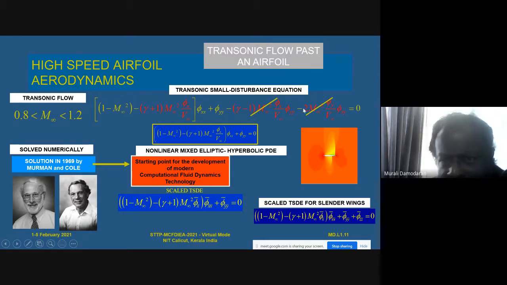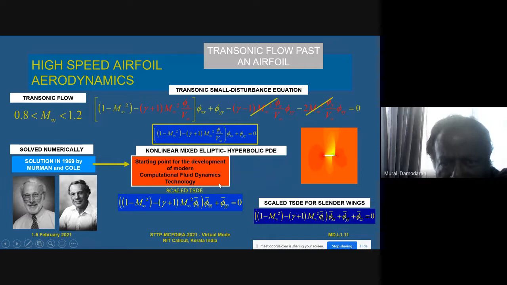If you do an order of magnitude analysis, you can drop these two terms, and you're basically left with this equation. This was the equation which was solved sometime in 1969, 1971. This is a very landmark effort by Murman and Cole, and that basically started the development of modern CFD technology as you see it today.